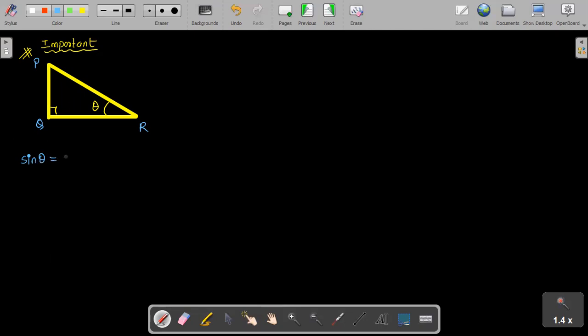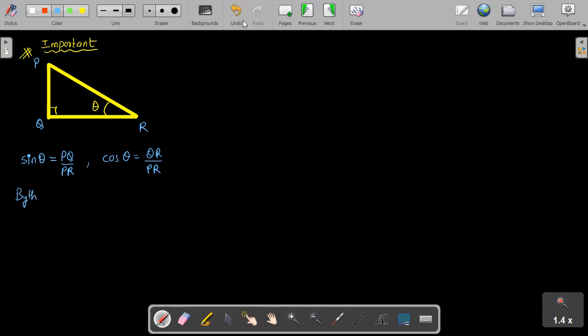Let us write what will be sine of theta. Prajakta, what will be sine of theta? Formula? PQ upon PR. And what about cos theta? Cos theta is QR upon PR. Okay. So I'm going to use the Pythagoras theorem.